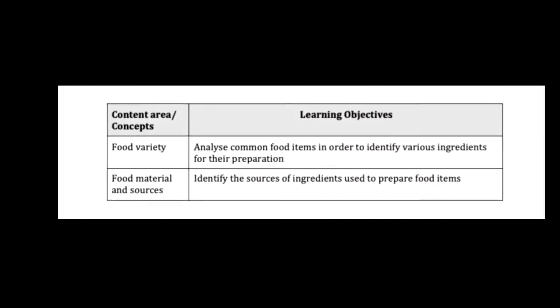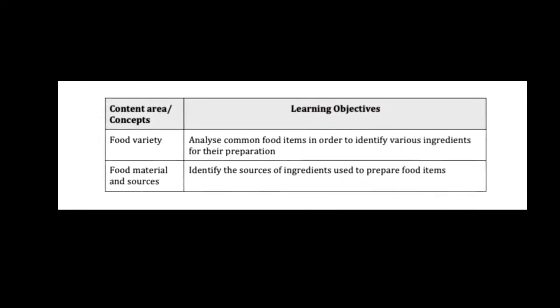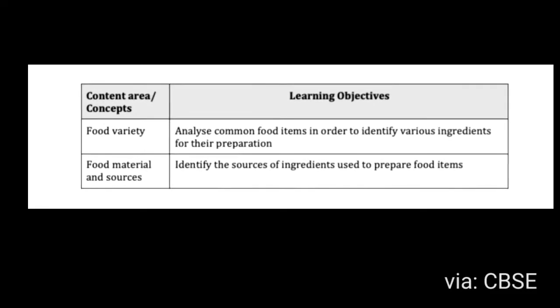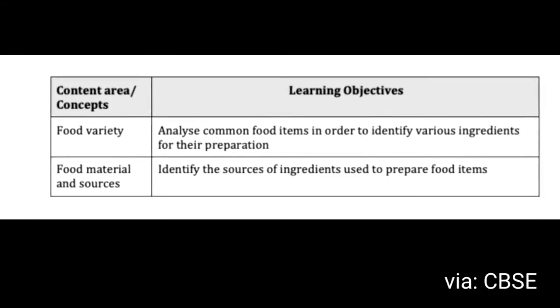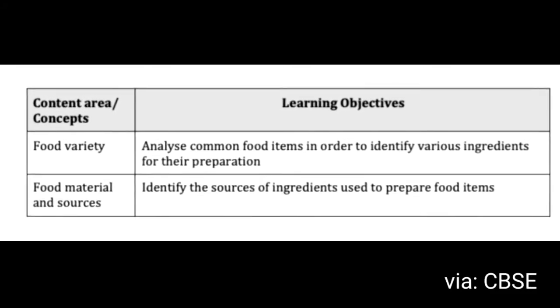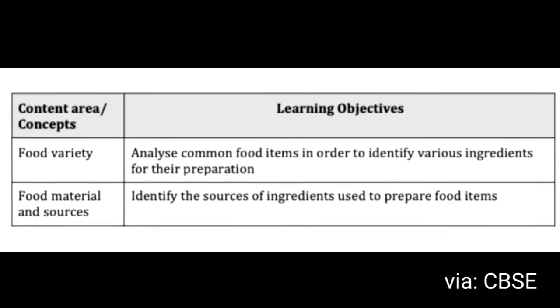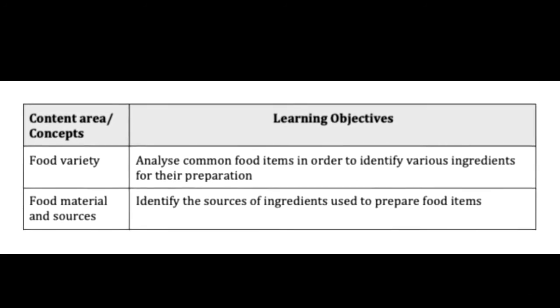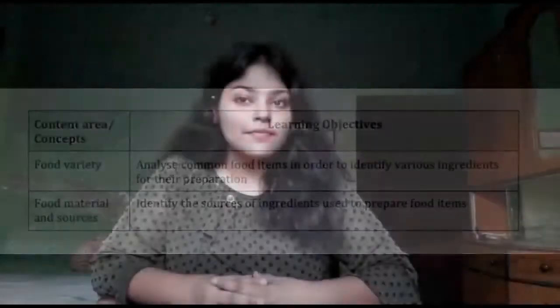Now these learning objectives are a combination of skills, and what would the learner use these skills for? For example, the first learning objective in the table relates to the skill of analysis, and the students will use this competency to identify ingredients in different food items.